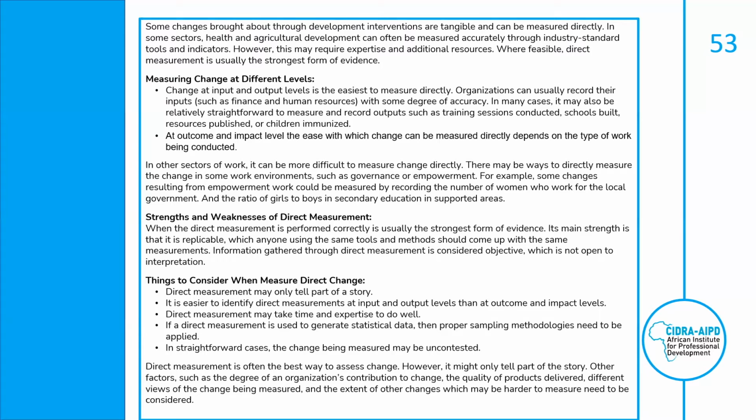Direct measurement can take time and expertise to do well. If a direct measurement is used to generate statistical data, then proper sampling methodologies need to be applied. In straightforward cases, the change being measured may be uncontested.